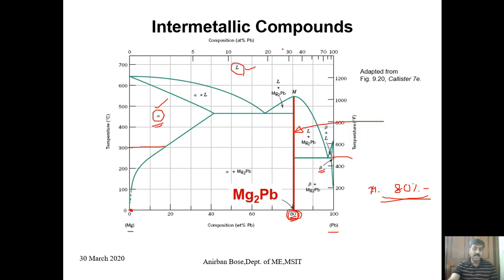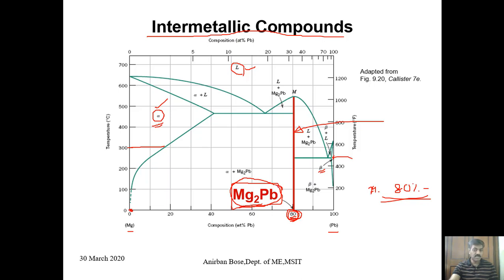Remember, this is not a chemical compound, this is actually a solid solution. But since this is happening at a specific percentage of lead, you can write it as a formula. Okay, so this is the idea of an intermetallic compound, that it is basically a solid solution primary phase, but it happens at some intermediate composition within a very close tolerance, such that you can give it a formula name.